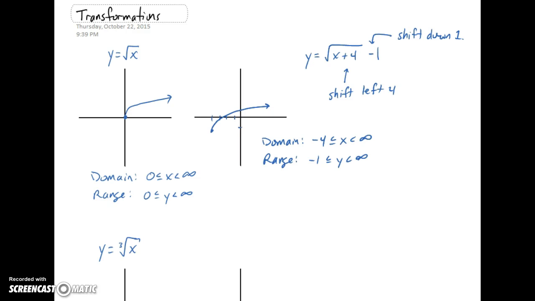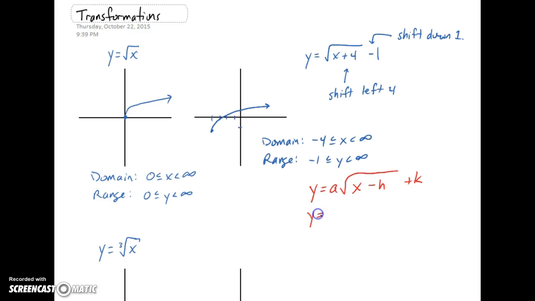In general, this works just like all the other transformations we've been doing. We can write it two ways. We can do y equals a times the square root of x minus h plus k. And again, h and k is where that center point, or in this case that end point, moves around. And a is what we've been talking about as the slope or the steepness, and it still does the same kind of thing.